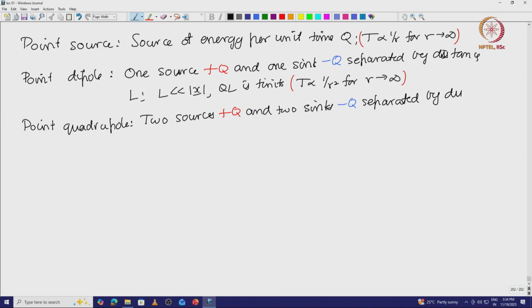L is much smaller than x, and you will find that Q L square is finite. The temperature is proportional to 1 over r cubed.